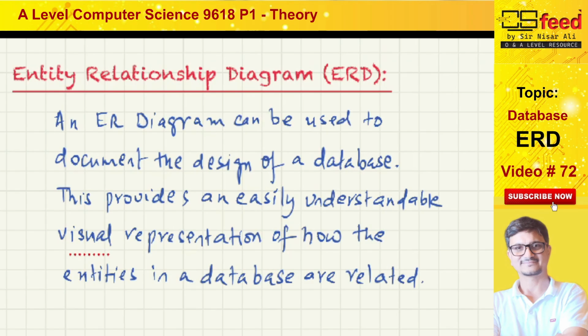In this video, I'll be discussing the entity relationship diagram, ERDs, which is a very fundamental diagram to represent visually the relationship among the entities. An ERD can be used to document the design of a database. This provides an easily understandable visual representation of how entities in the database are related to each other.